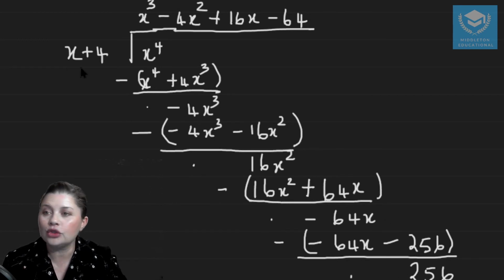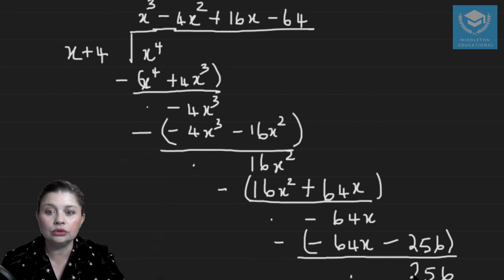Now, if you check, you try to repeat it again. You take x divides into 256. It can't go, right? Which means that you are sitting with a remainder.